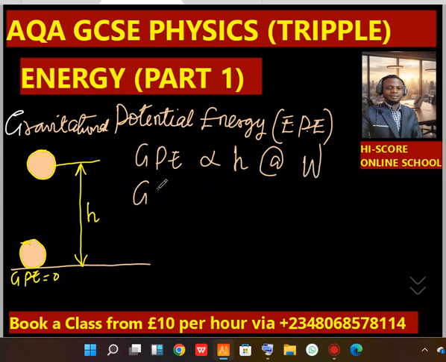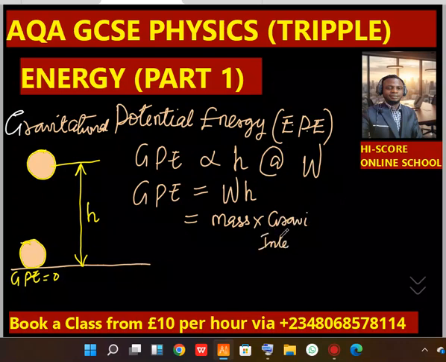So GPE is equal to weight times height, and of course weight is equal to the mass times gravitational field intensity, g, times the height. So that is mgh.